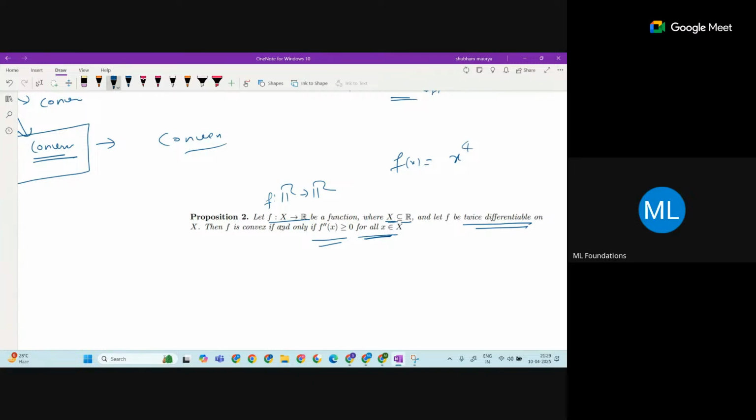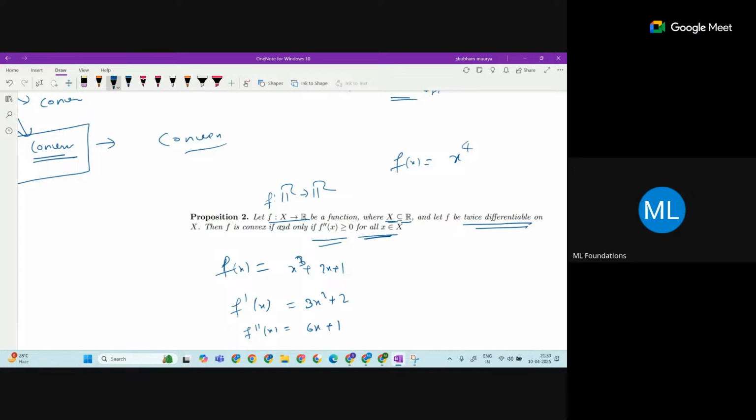Suppose I am giving the function f(x) equals x square plus 2x plus 1, or let's say x cube plus 2x plus 1. If you differentiate it, we don't know yet whether this is convex or not. The derivative is 3x square plus 2, and the double derivative is 6x.